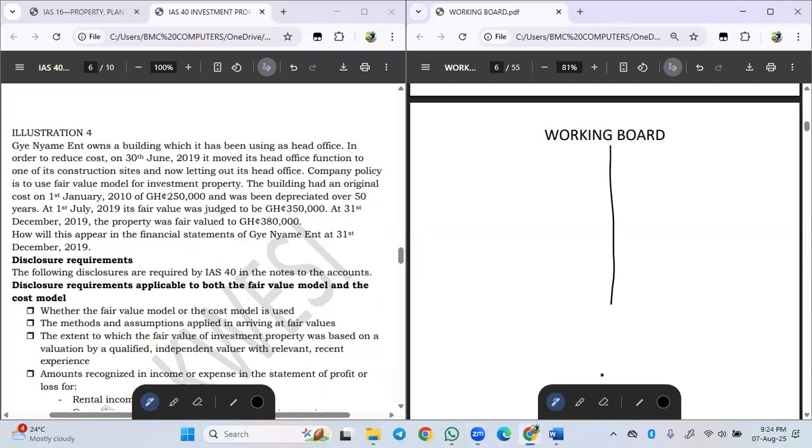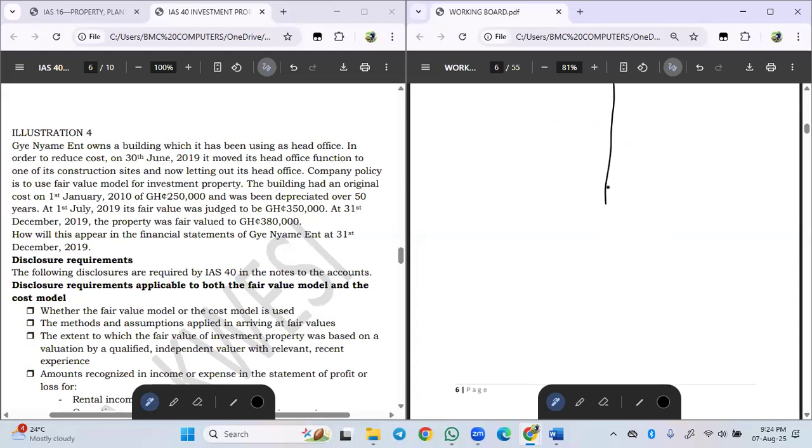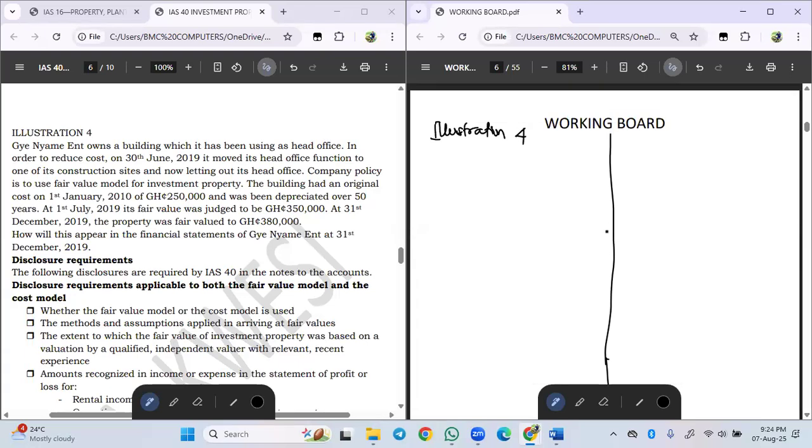Illustration 4. Junior May Enterprise owns a building which it has been using as head office. In order to reduce costs, on 30th June 2019, it moved its head office function to one of its construction sites and is now letting out its head office. Company policy is to use the fair value model for investment property.